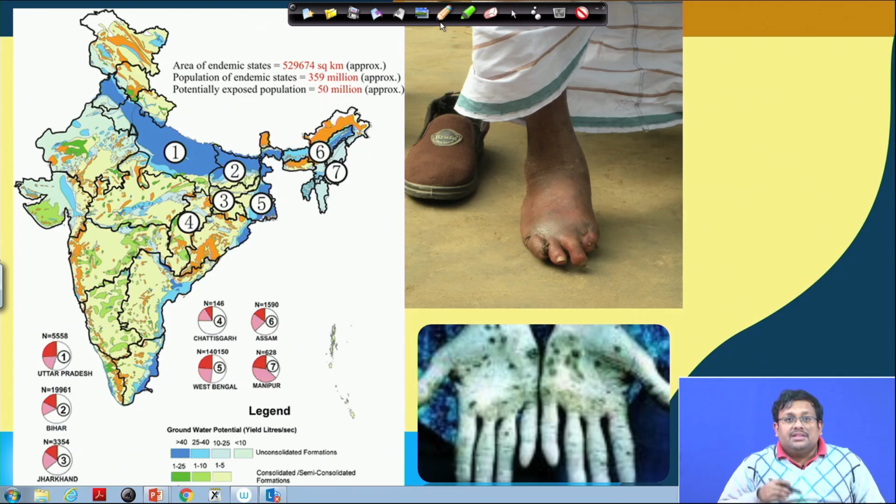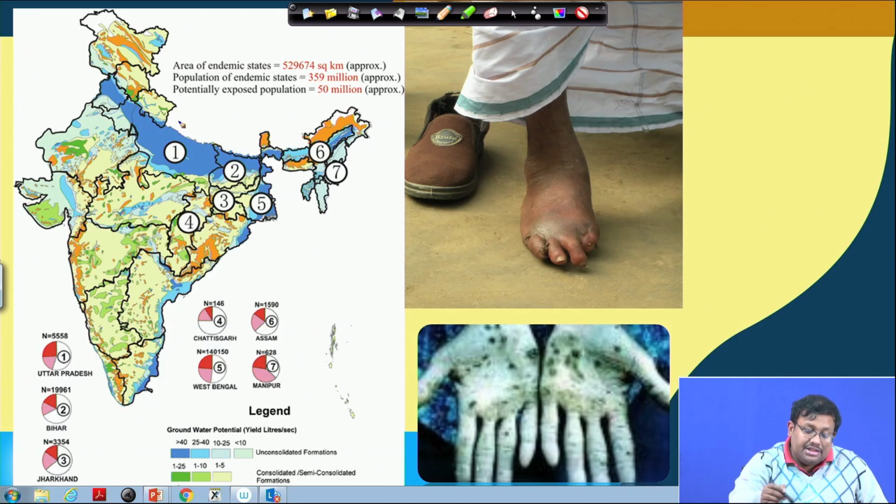So, this slide shows the status of arsenic contamination in India, as well as some of the health effects. As you can see, this is the India map, and the groundwater arsenic contamination is greater where it is blue.